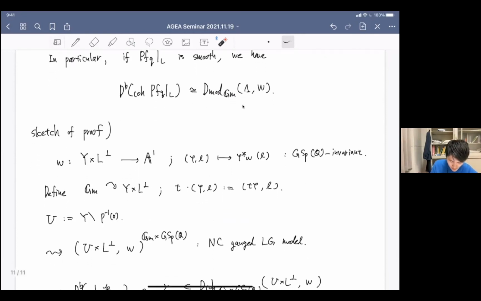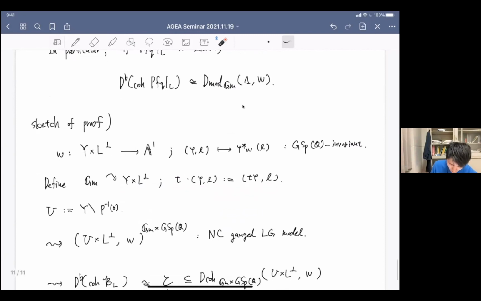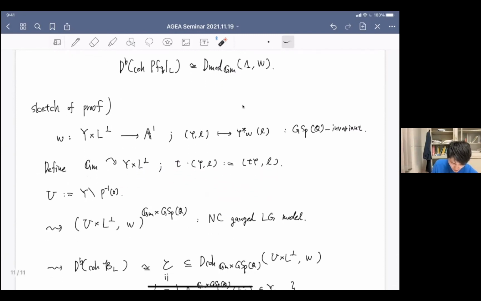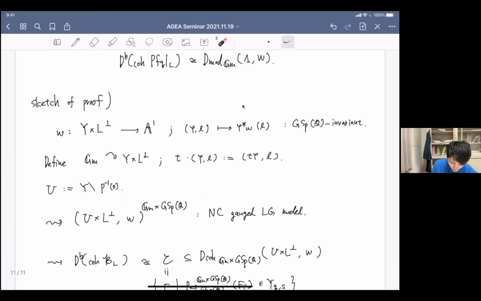And define an additional G_m action on this space by this. And let U be an open subspace of Y. Then we have this non-commutative gauged LG model.